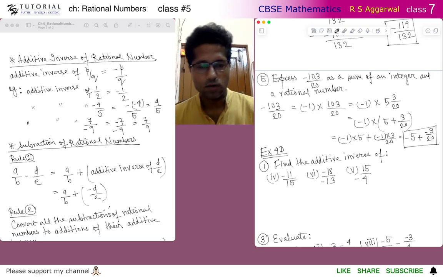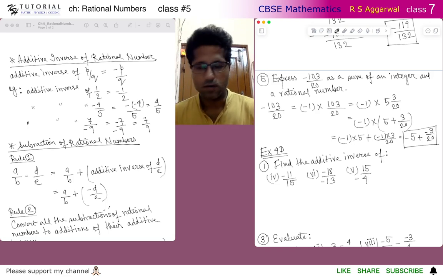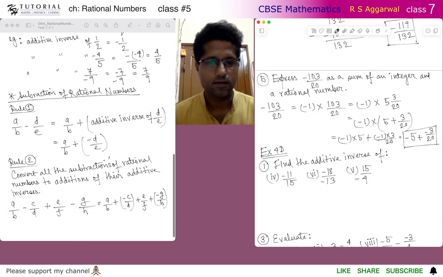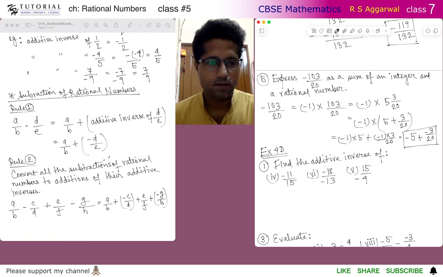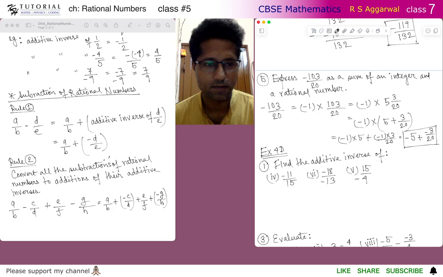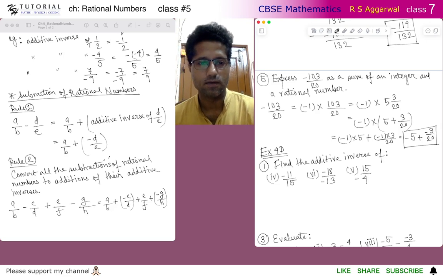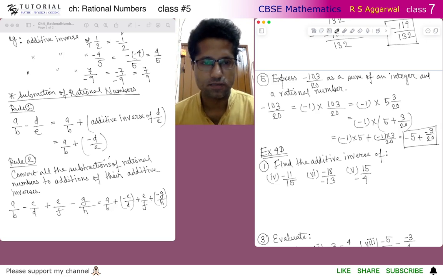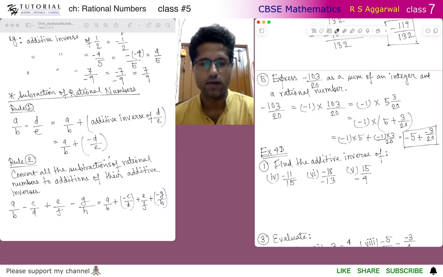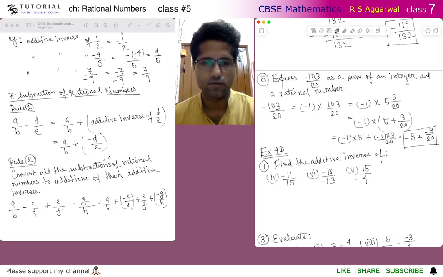Now how do we subtract a rational number from another rational number? So in the notes you can see that a by b is a rational number, d by e is another rational number. If we want to subtract the rational number d by e from a by b, we just add the additive inverse of d by e to a by b. This is not true only for rational numbers, it is true for any numbers: a minus b equals a plus the additive inverse of b.